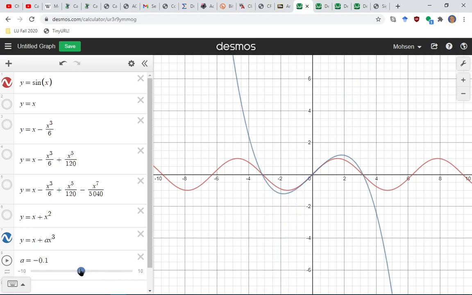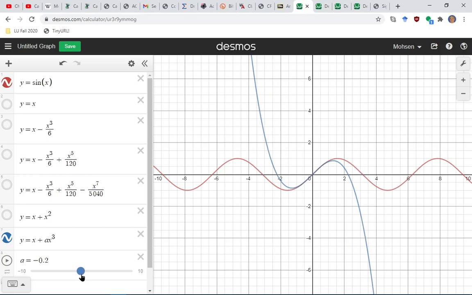So it's better to go toward the negative number. So I go toward negative. I notice that I'm coming close to my sine a lot better than before. Now the question is, what negative multiple should I throw in the mix to make this better? It looks like it's getting worse as I go too far to the left. So there is some magic number here where I'll be doing the best.